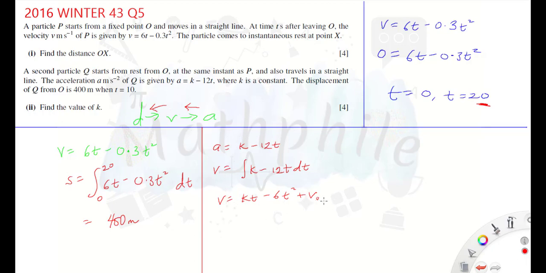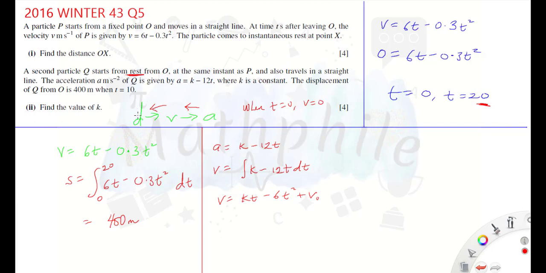You solve for this and you still end up getting v naught equal to 0. Should I still write it, like when t is equal to 0, v was equal to 0? And this is coming from this statement, started from rest.